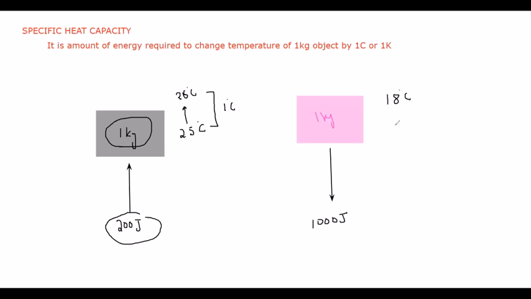When you remove 1000 joules, the temperature decreases by 1 degree centigrade. So if the temperature is decreasing by 1 degree centigrade and we are removing the heat energy for a 1 kilogram object specifically, this energy we call specific heat capacity.